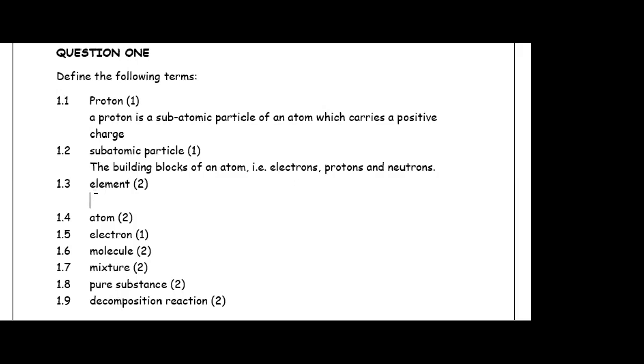An element is made up of one type of atom, right? And you can add your point there that says it has the same amount of protons. Well done. Anything else? Does anyone else have an answer for this?